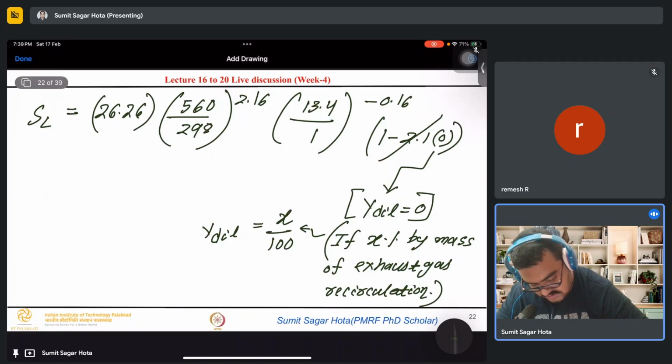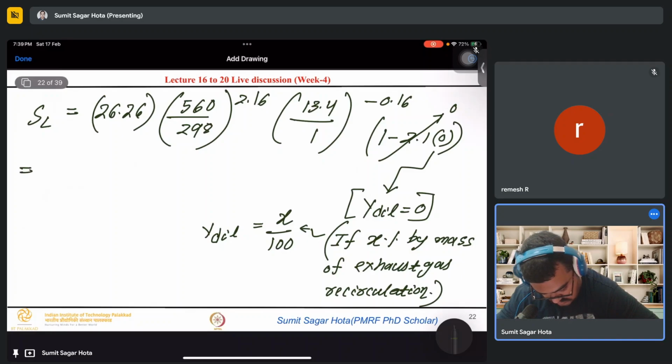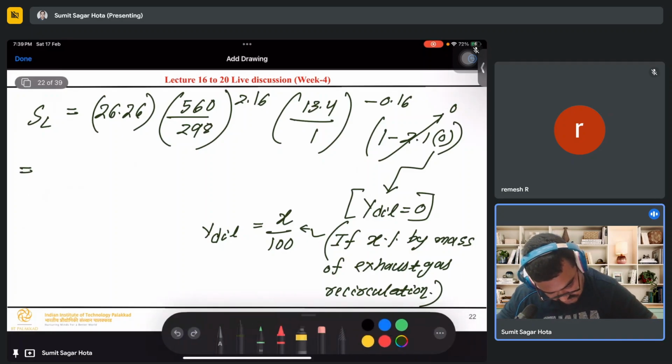Now this part is here, but this part is 0. Don't write all this, confusion will be there.